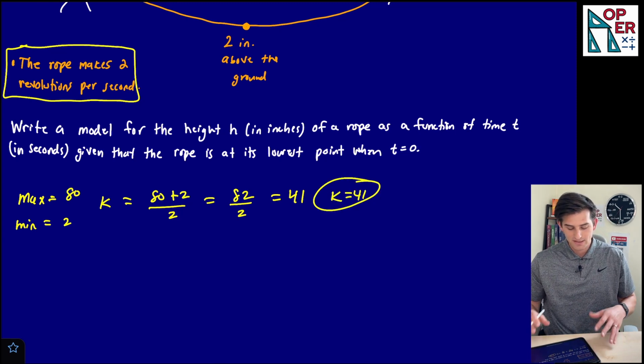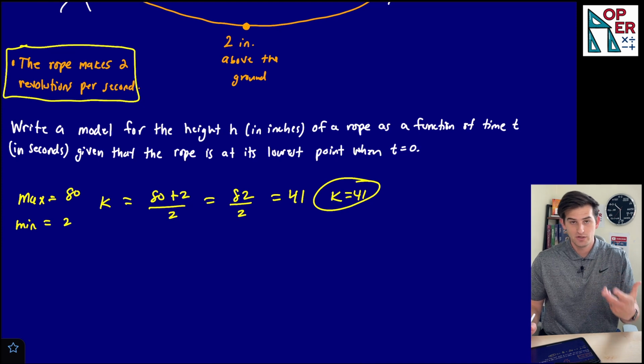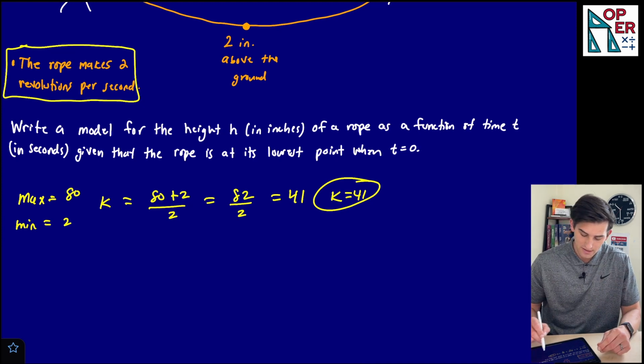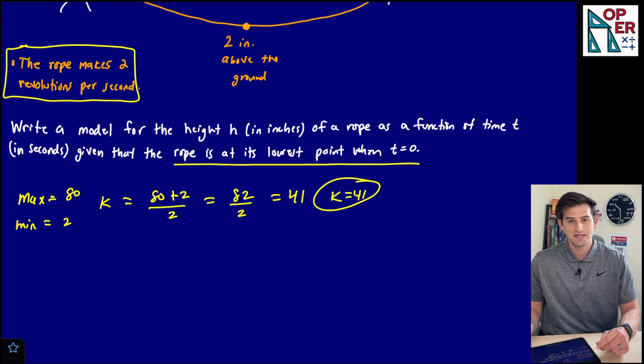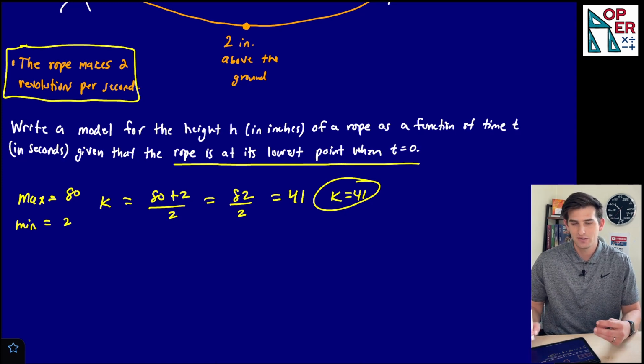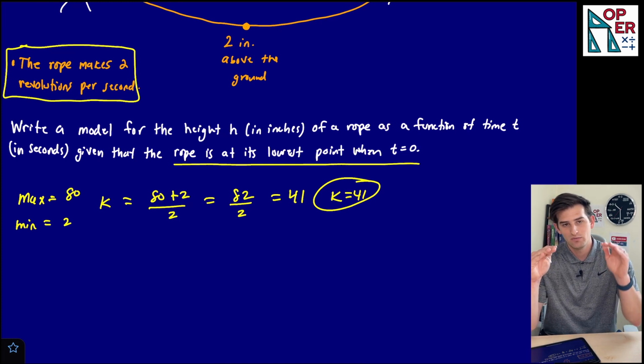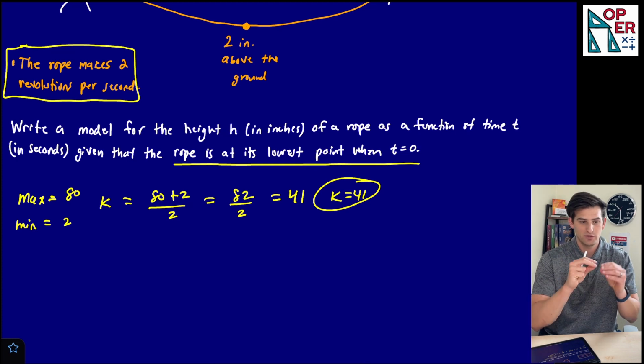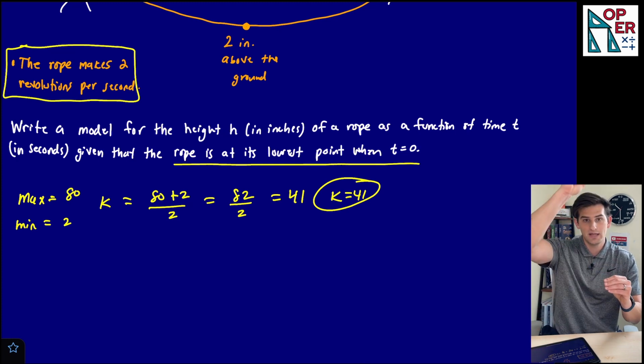All right, and so now let's think about, do we need this to be a sine or a cosine function? Well, it says that our rope is at its lowest point when time is equal to 0. So that's going to actually be a cosine function, because when time is equal to 0, that would be like when x is equal to 0, and we're at our lowest point. So if we think about cosine, whenever we have cosine, we start our graph at 0 comma amplitude.